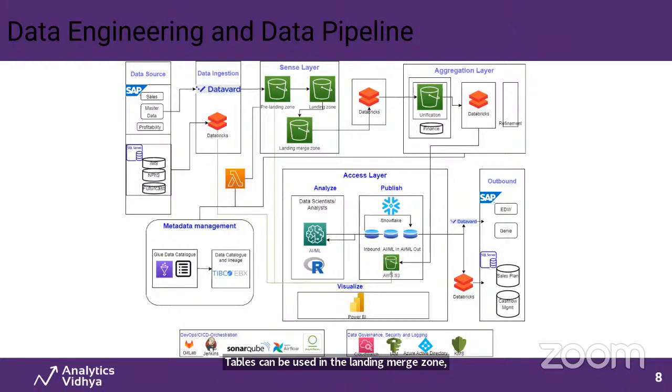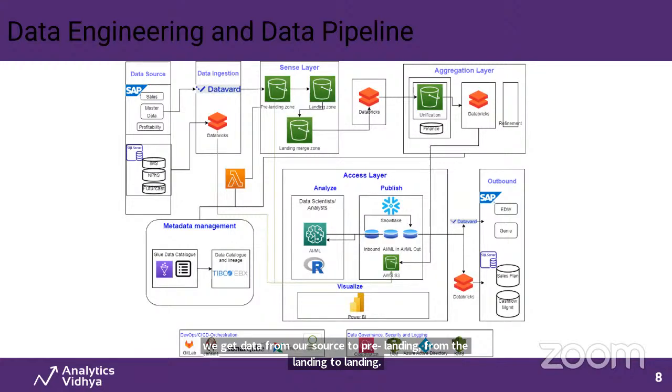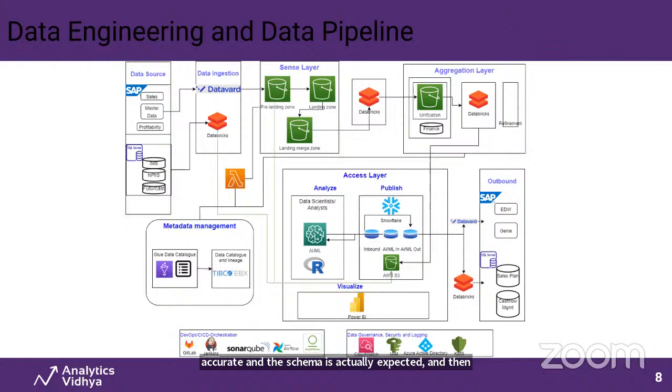We get data from our source to pre-landing. From pre-landing to landing, we do the sanity checks, whether the number of rows is accurate and the schema is as expected. Then, based on the mechanism we follow, truncate and load, or incremental, or append or insert, we are done with our landing merge zone.